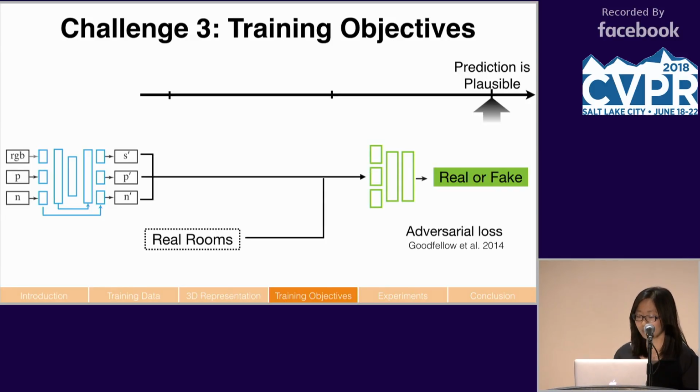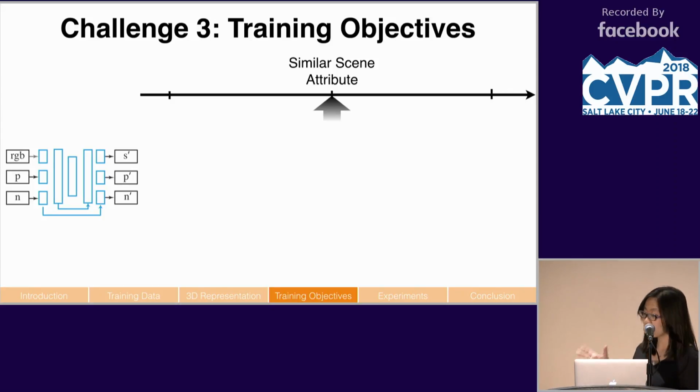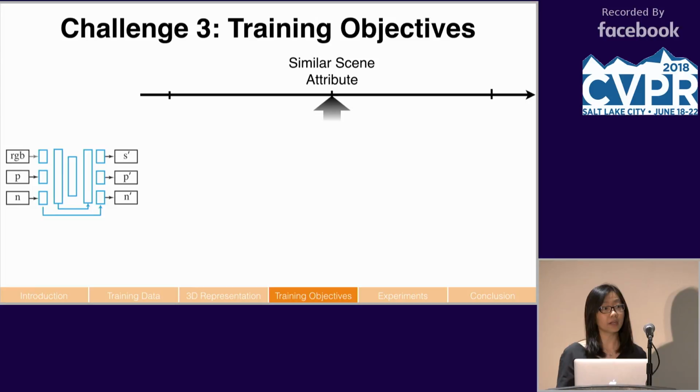objective. And more importantly, somewhere in the middle, we might still want the network to provide a prediction that is similar to the ground truth in terms of certain mid-level scene attributes, but not on every pixel.